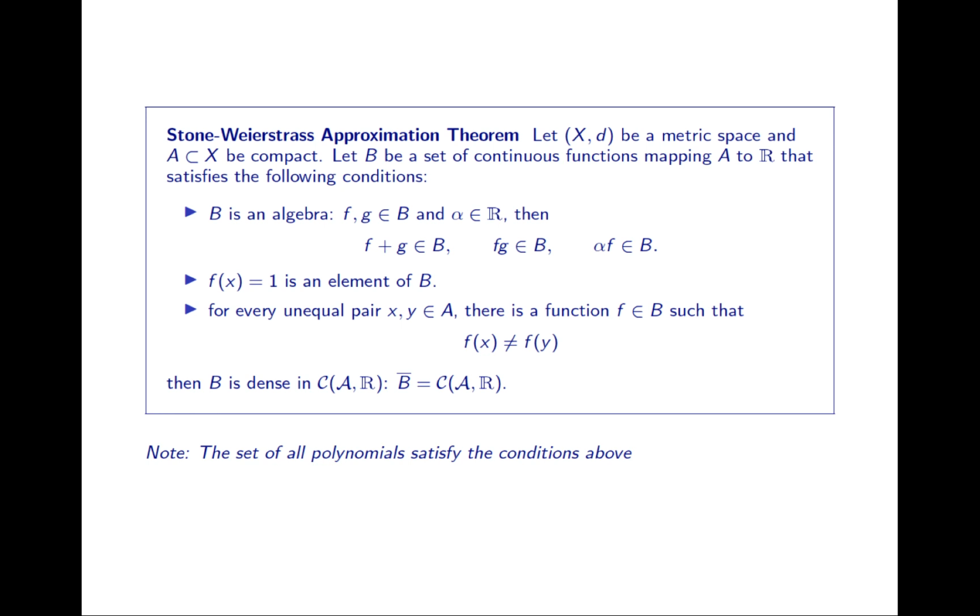Another way of expressing that is that the closure of B, in other words, if I take B and add to the set all of its accumulation points, then I get exactly the set of all continuous functions on A. So that's perhaps a bit more abstract than we're going to use in this semester, but it's good to know, and we should just observe that the conditions of B is satisfied by the set of all polynomials. In that case, we get the previous condition, the Weierstrass approximation theorem.